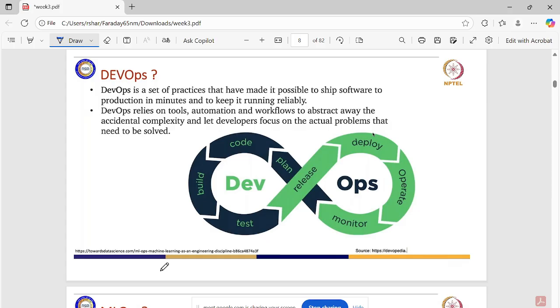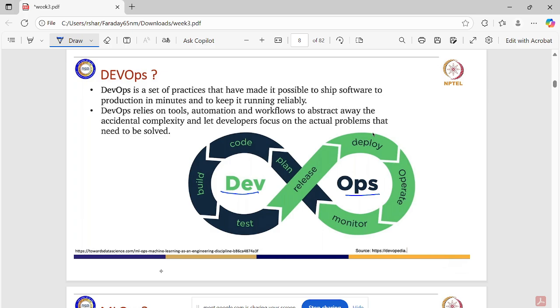Next is DevOps. DevOps is a set of practices that have made it possible to ship software to production in minutes and keep it running reliably. So there are two things basically: development of the software, and operation of the software.